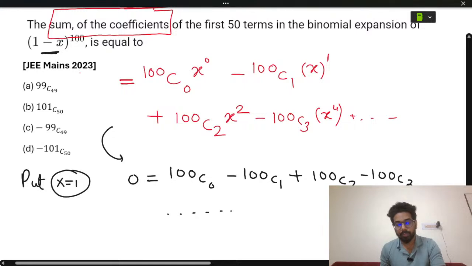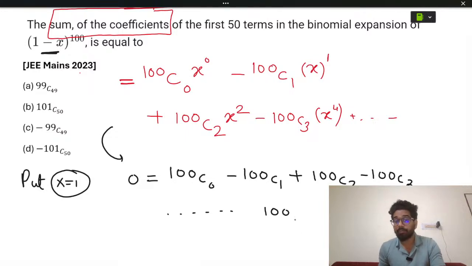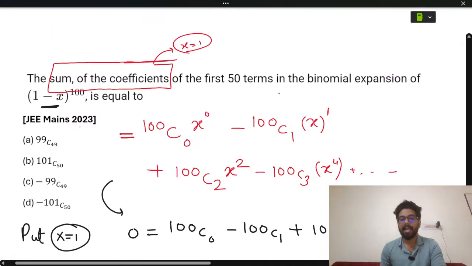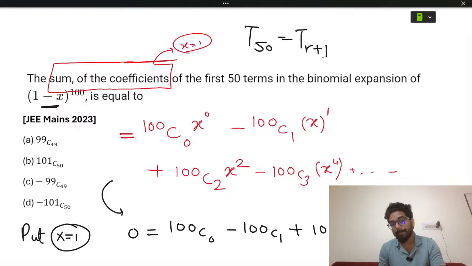I will do it till 100C... what is the 50th term? Let's figure this out. We are asking for the 50th term, so 100C49. How did I think of the 50th term? I am asking T50, meaning the 50th term. T(R plus 1) means R equal to 49.